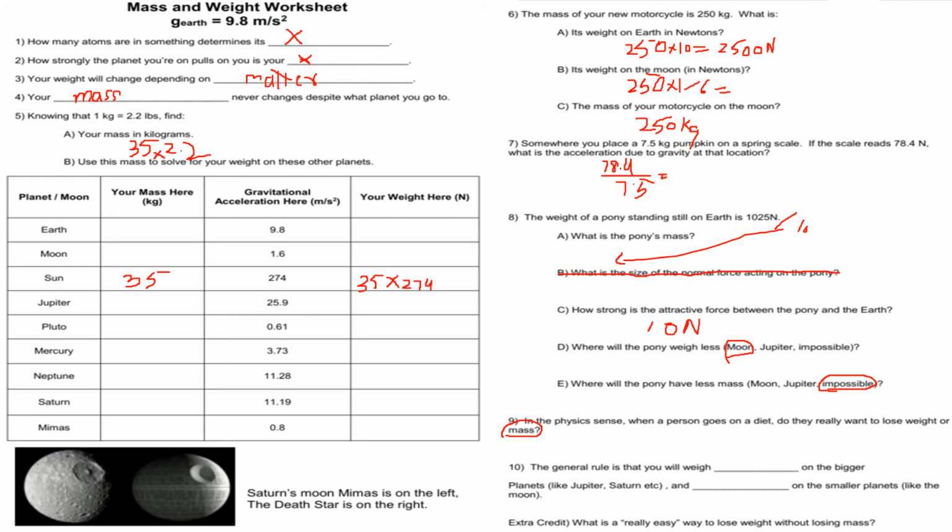Jupiter is 25 and Saturn has 11, so definitely it is Jupiter. And the smallest one is the Moon, so we have the smallest weight there.